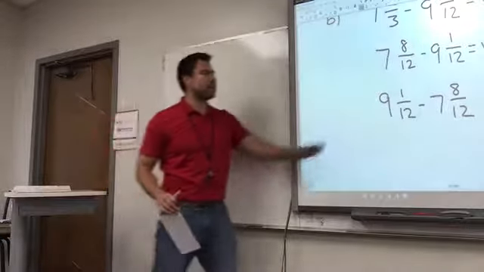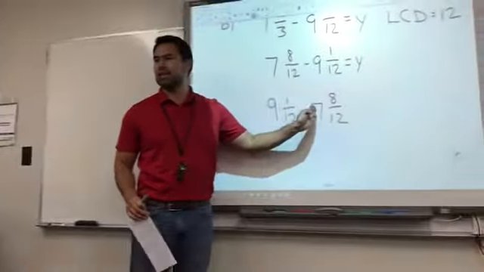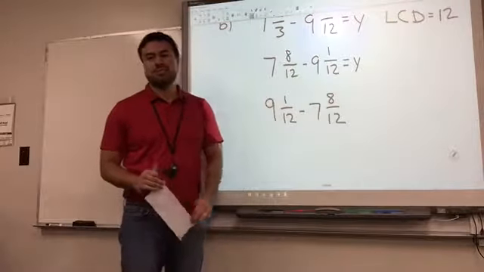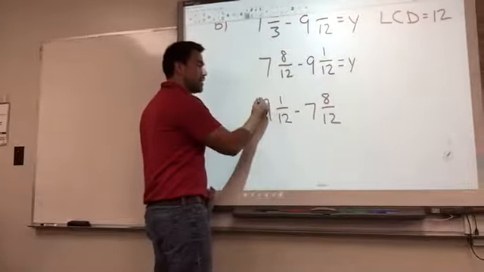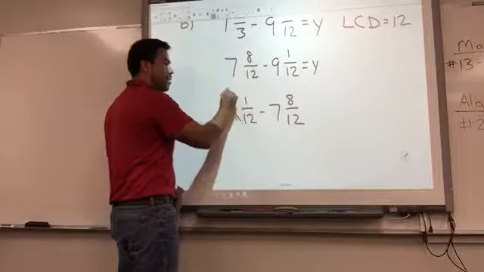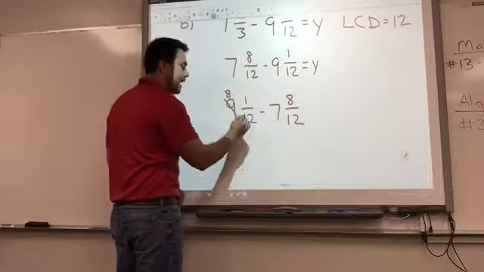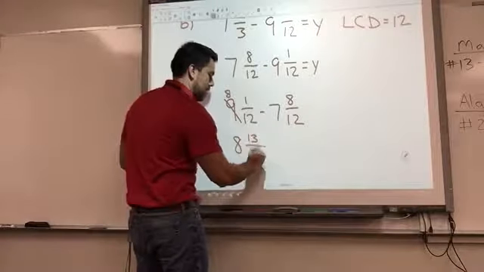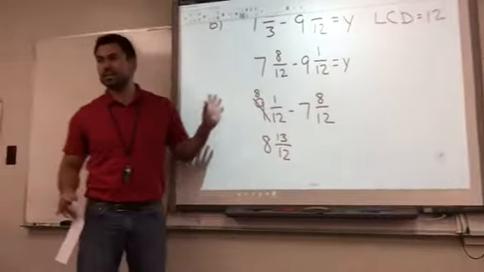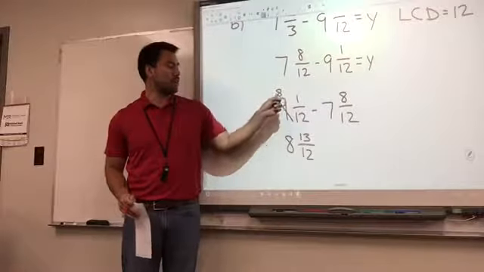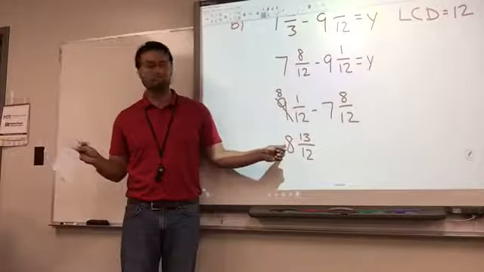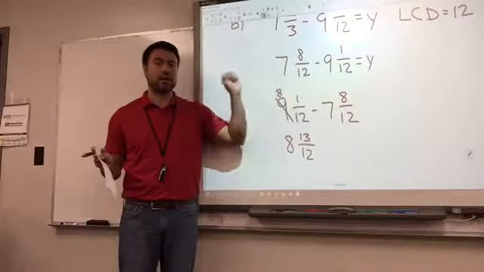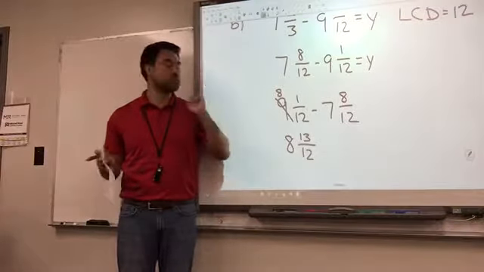But anyway, 9 1/12 minus 7 8/12. Okay? Can I do 9 minus 7? Yeah, I could. But can I do 1/12 minus 8/12? No. So what am I going to do? Borrow. So it becomes 8 and 13/12. So listen to what happened. I borrowed from the whole number, made it an 8. And then I'm going to add 1 to this fraction in the form of 12 over 12.